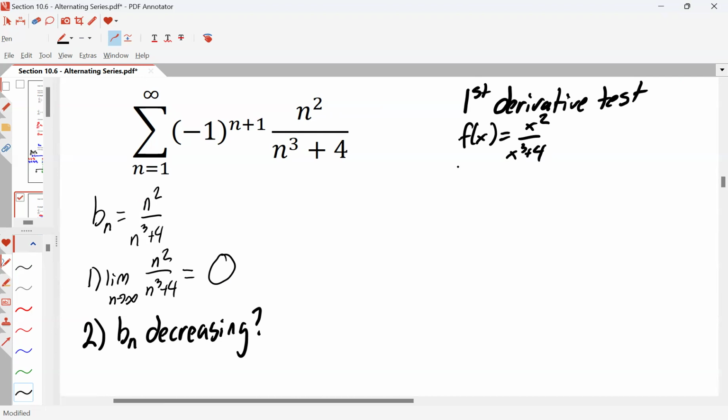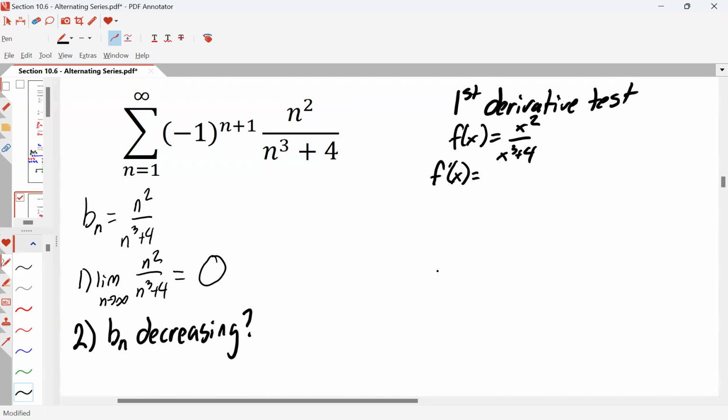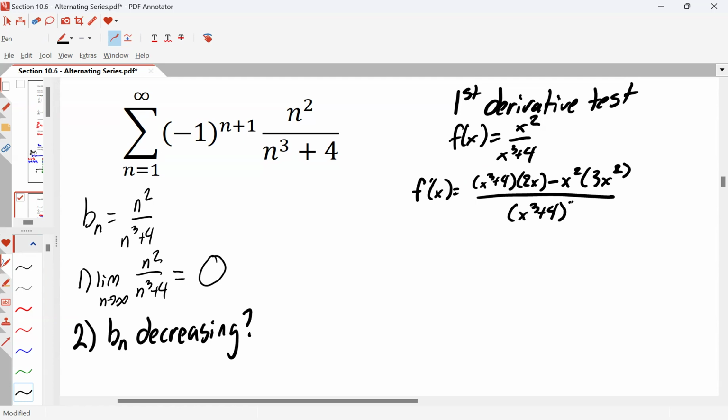The derivative, using the quotient rule, is (x cubed plus 4) times 2x minus x squared times 3x squared, all over (x cubed plus 4) squared.